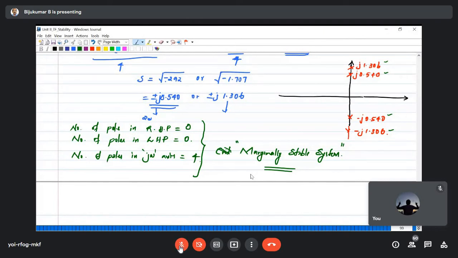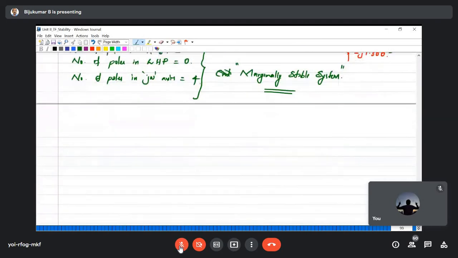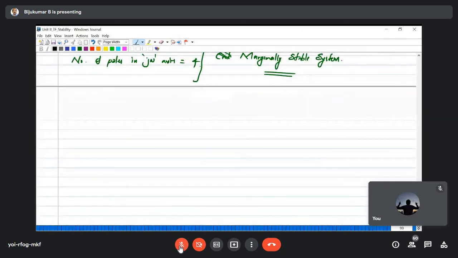Okay. Given that the characteristic polynomial is s cube plus 20s square plus 16s plus 16k equal to 0, where k is the system gain.